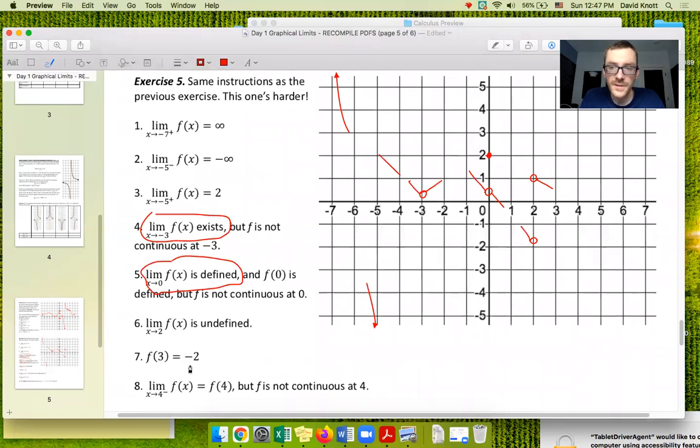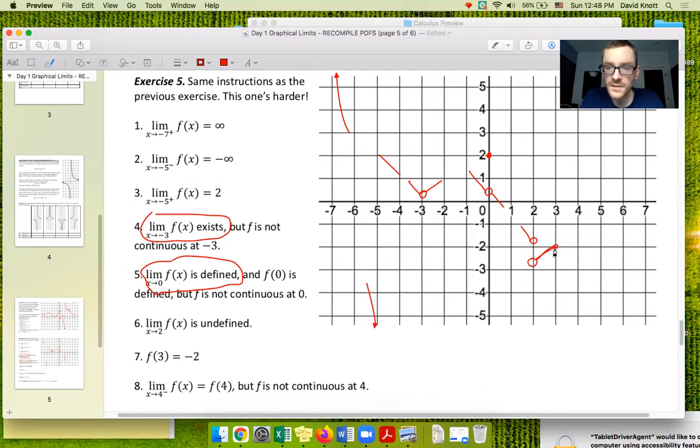f of 3 is equal to -2. Ooh, okay. That requires kind of a sharp drop there. I feel like I might want to move this down. Let me actually redraw this. Let's do this. So empty dot here and a line right here.